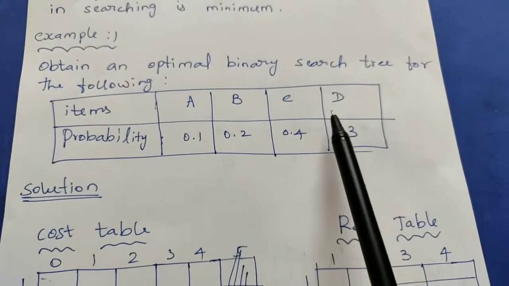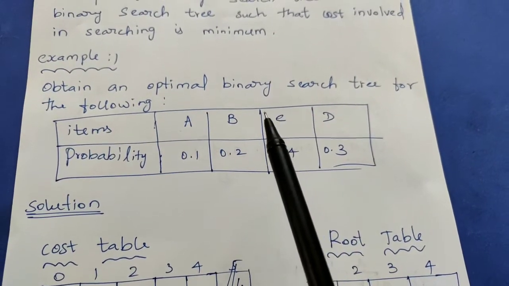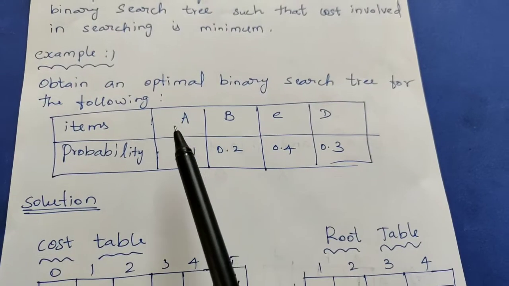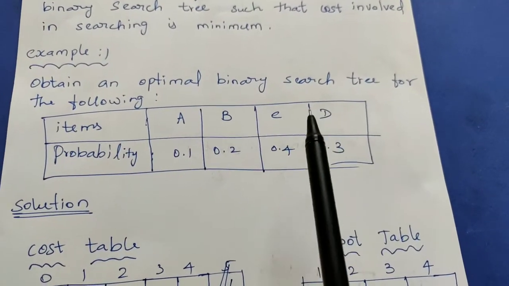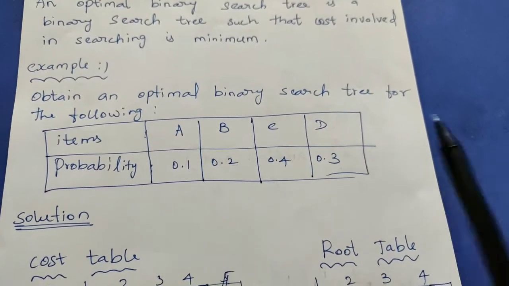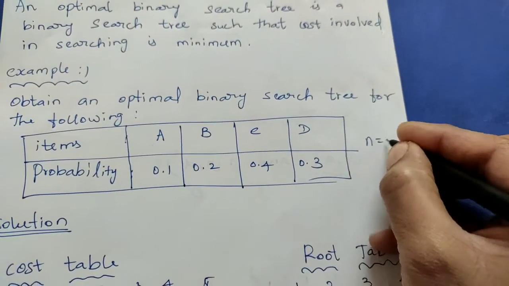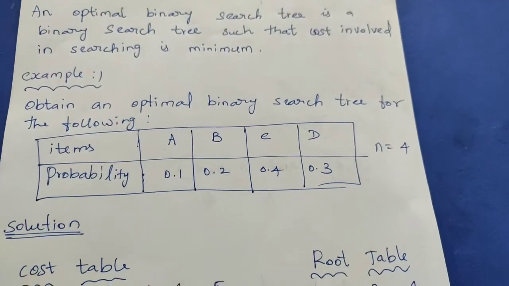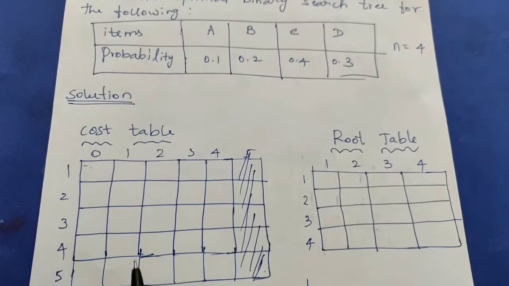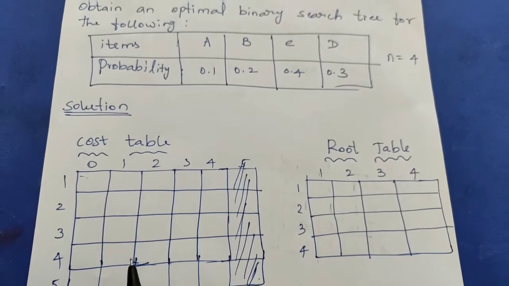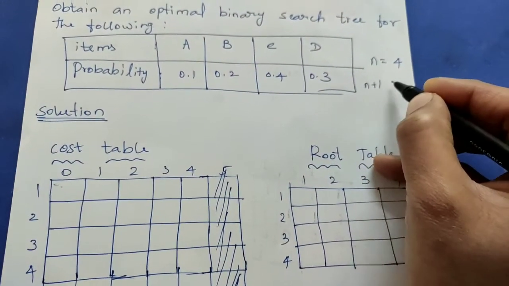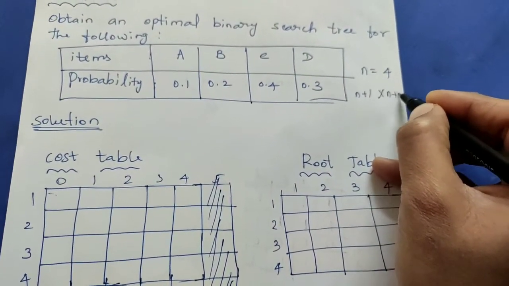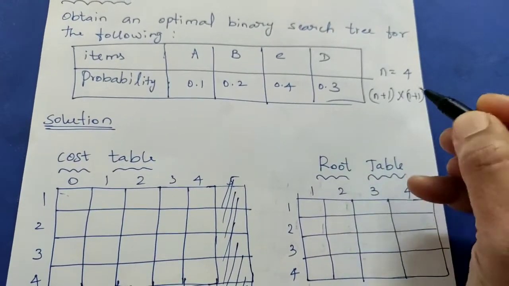You have 4 items, so the number of nodes in the binary search tree is 4. So n value is 4. When you construct a cost table, you need to construct an n plus 1 cross n plus 1 matrix.